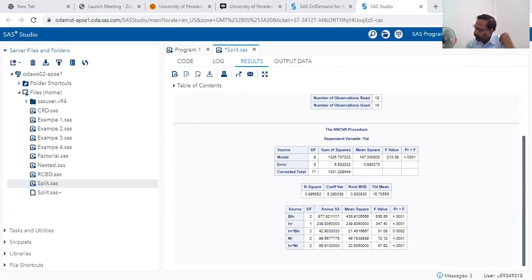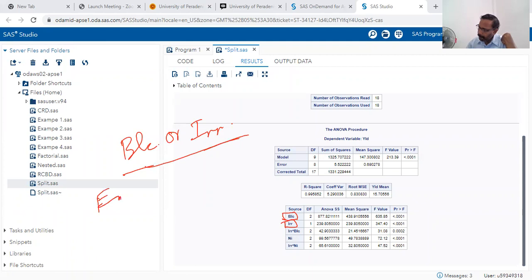Actually, if you want to test block or if you want to test irrigation, what is the error term?